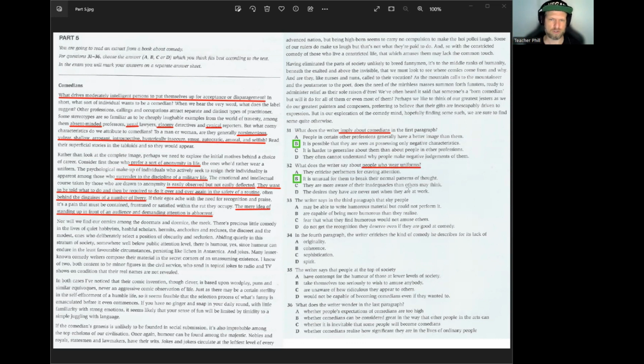In the next question, it talks about shy people in the third paragraph. He criticized the kind of comedy for its lack of something. Here we talk about people at the top of society. And it says here, what does the writer wonder in the last paragraph? So these are probably the things we have to find.